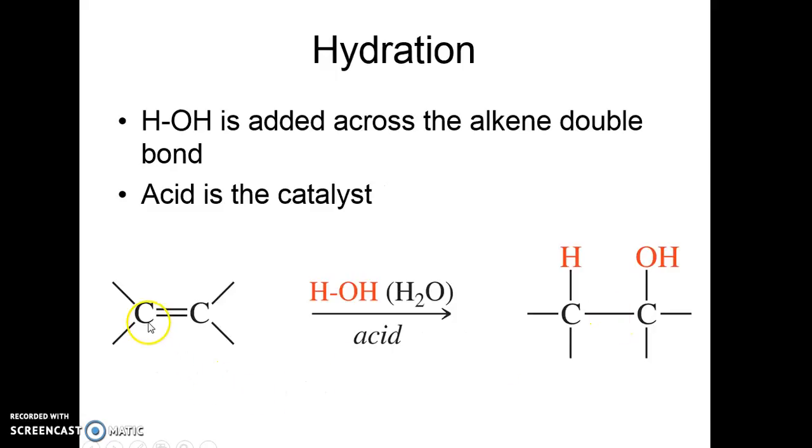Here is an example of hydration, water being added across the double bond. Here is the water that's going to be added across the double bond. Acid is the catalyst. So what do we do? We cut one of the bonds, and we put a hydrogen on one side and hydroxyl on the other.